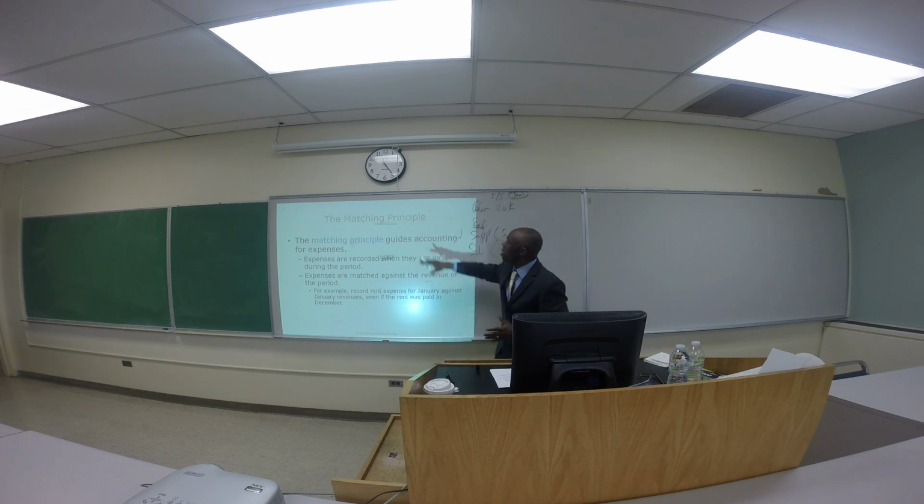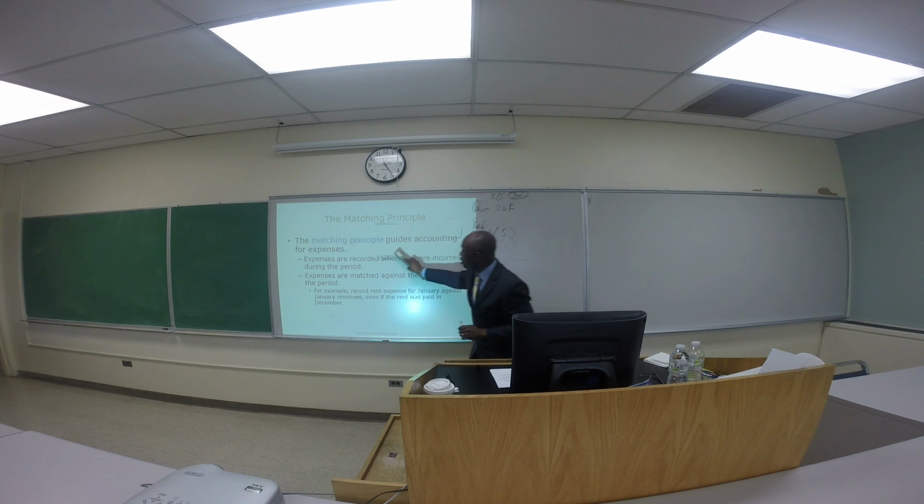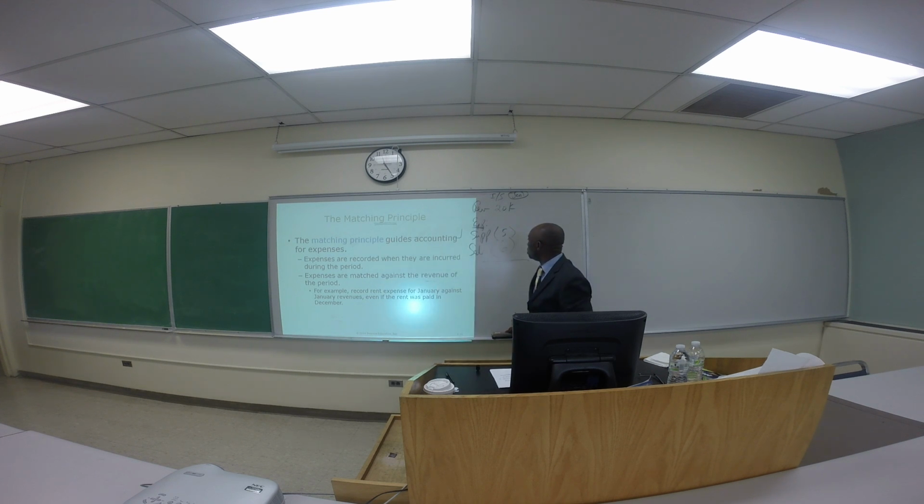So in summary, the matching principle says that you should match expenses with the revenue that they have produced in a particular period, be it that month or be it that particular quarter. Otherwise, you mess up exactly what happened in that particular period. So that is what the matching principle is all about.